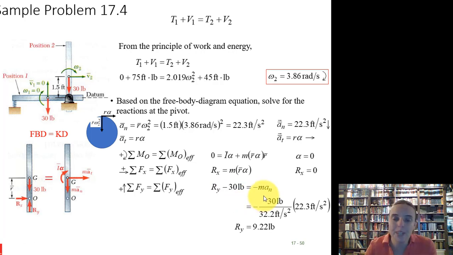They're going to be equal to the normal piece of our acceleration. So this is the acceleration in the y direction. We're doing the forces and everything in the y direction, r omega squared. And that omega squared is something we got from our energy balance equation. So here we go, the forces in the y direction, forces in the x direction, moments.